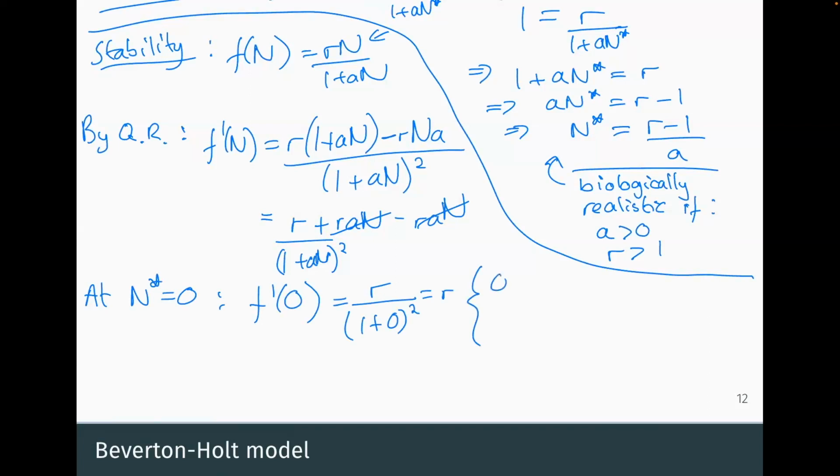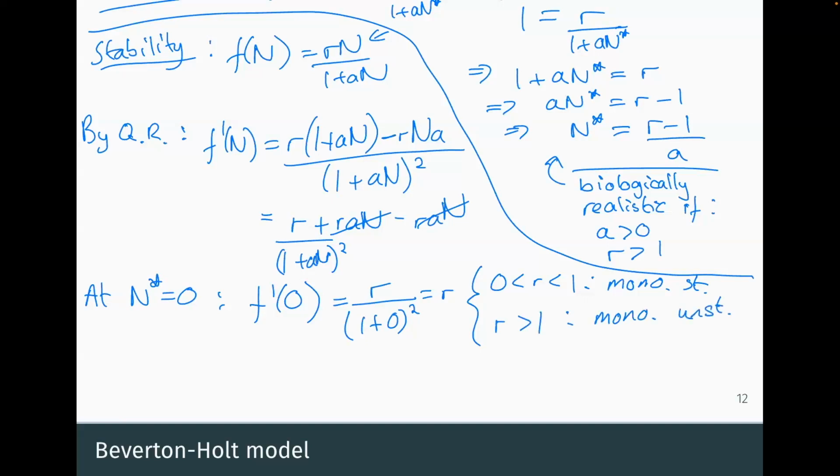That means that if r is between 0 and 1, our trivial extinction equilibrium is going to be monotonically stable. And if r is greater than 1, this is going to be monotonically unstable.